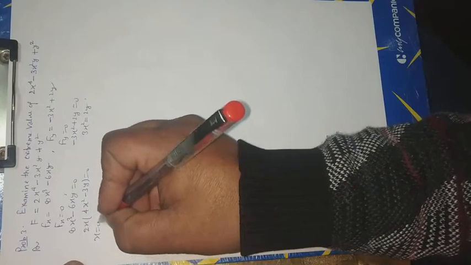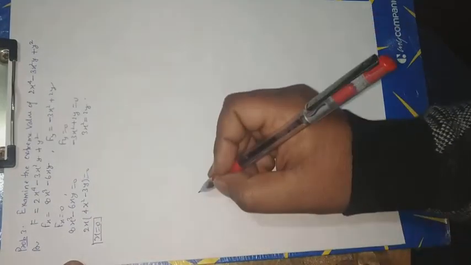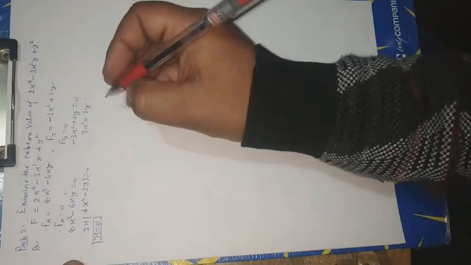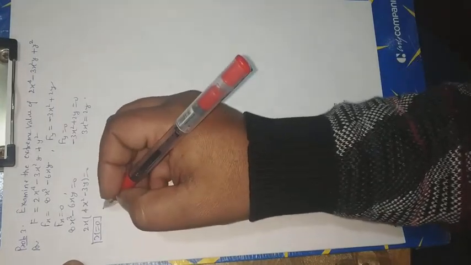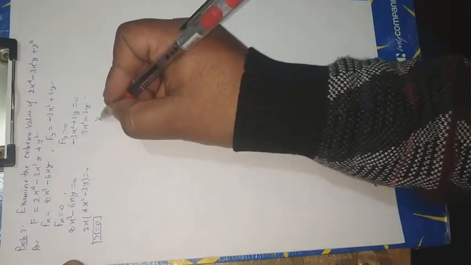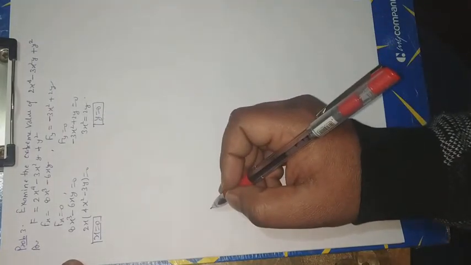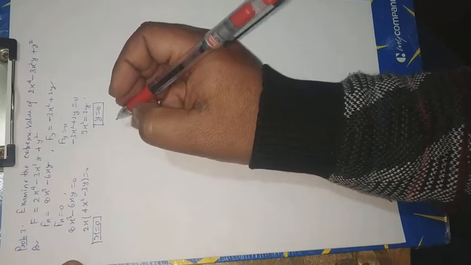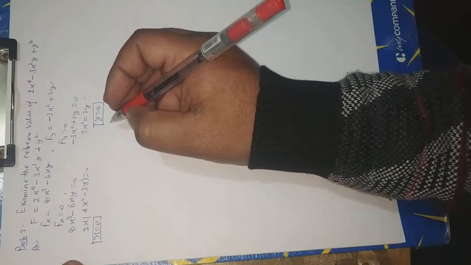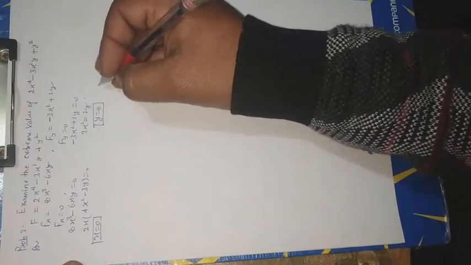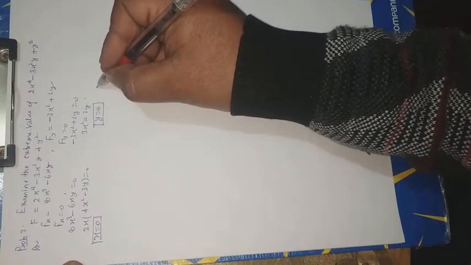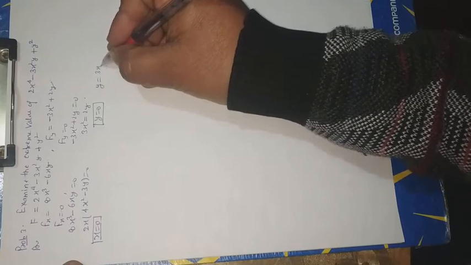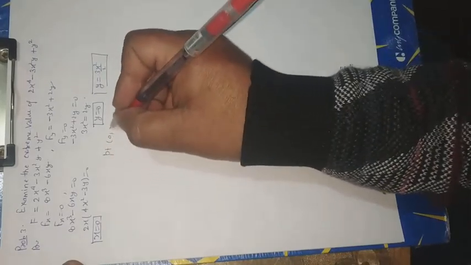Now x is equal to 0. Putting the value of x equal to 0 in this, we get y equal to 0. Now again y is equal to 3x square by 2. So one point is (0, 0).